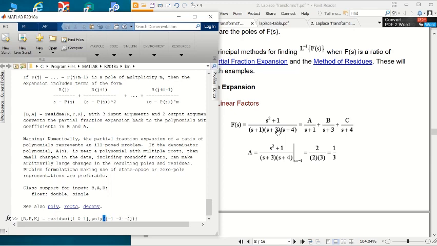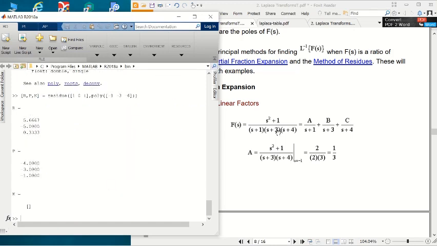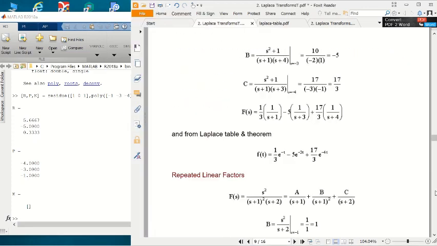And then when you run that, MATLAB will give you straight away the answer, the value for this. For example, for the pole of -4, that means C, associated to here, equal to 5.667.